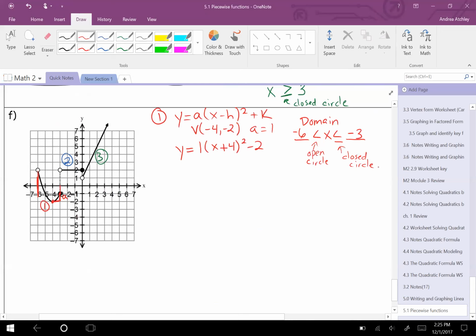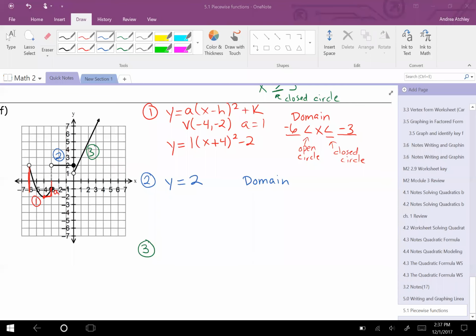Any questions over that? Okay, I want you guys to write the equations in the domain for 2 and 3. Help each other out, work in your pairs. So our line is y equals 2 because it's a horizontal line.